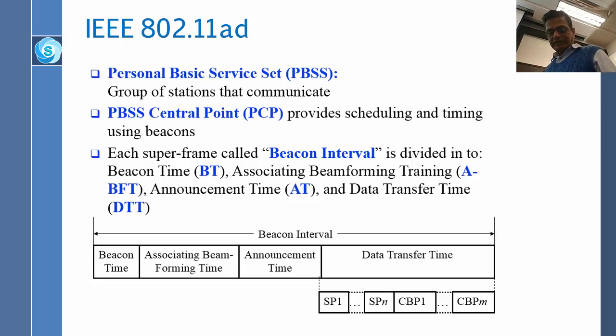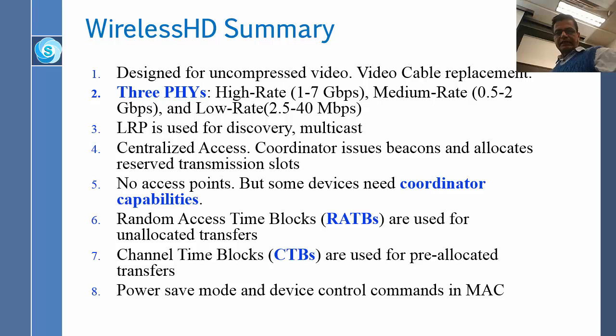So this is the same thing as RADB here in 11AD, sorry, in wireless HD. And channel time blocks, CTBs, are used for pre-allocated transfers. And then power save mode and device control. Actually, we have skipped some of the details of this. I really wanted to concentrate on that parameter set because that is important to understand, and because we will be using that later on in LTE and other places.